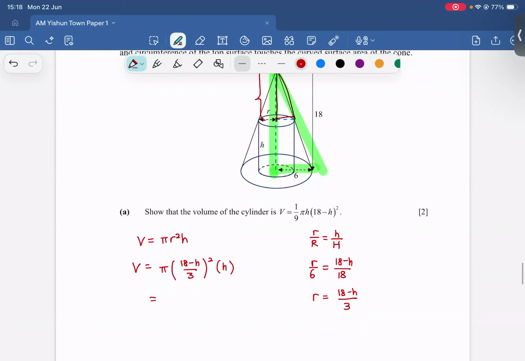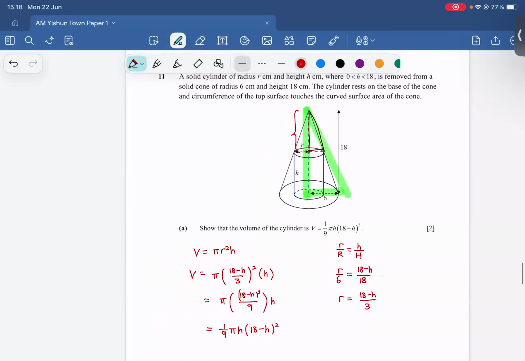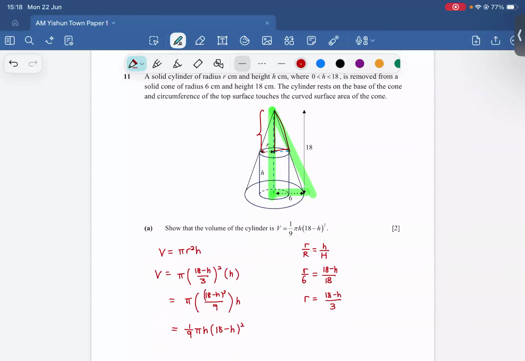Now you expand, you get pi times (18 minus h) whole thing squared over 9, times h, which equals 1 over 9 pi h (18 minus h) squared. Okay, so that is how you think. Always write down what they want you to find. Then you see the difference in the letters, the variables, then try to form another equation and change it.